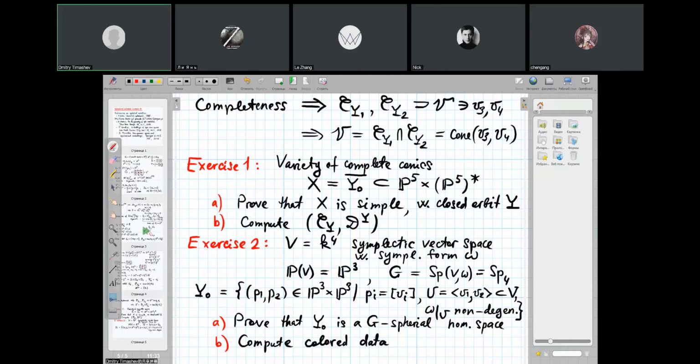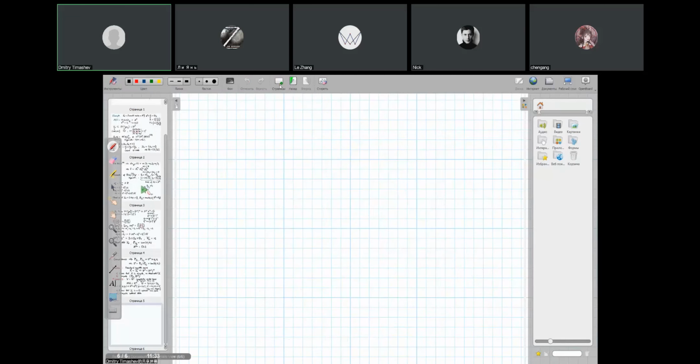And now let me give yet another exercise, just to make things more varied. Exercise 3. Now let me consider the homogeneous space Y naught, which is G over H, where G is just G2, and H consists of the matrices of this form.